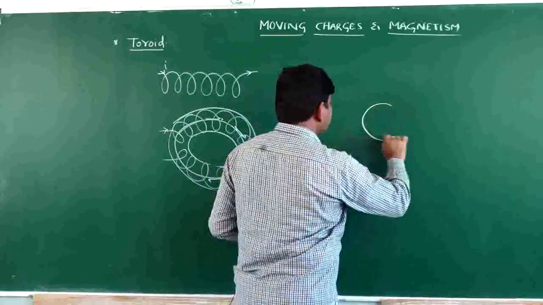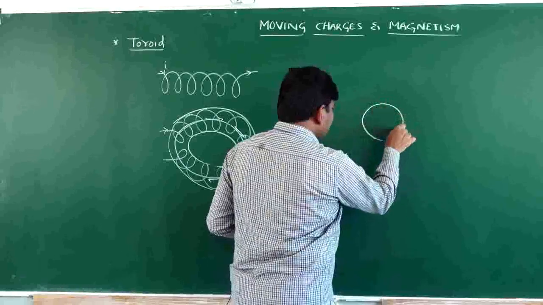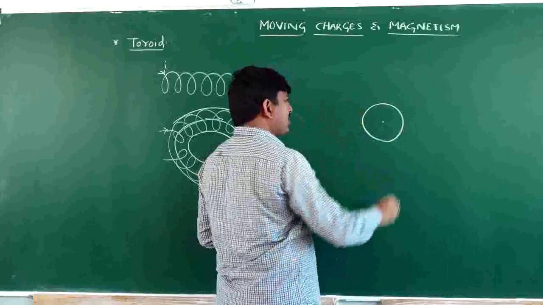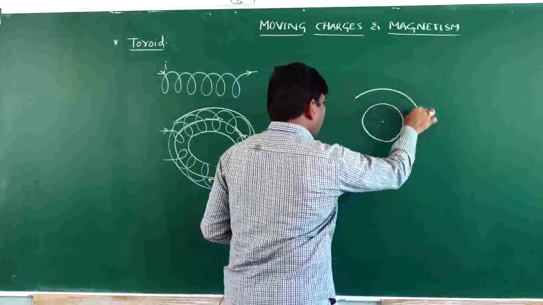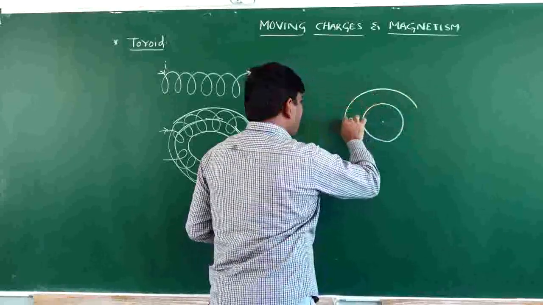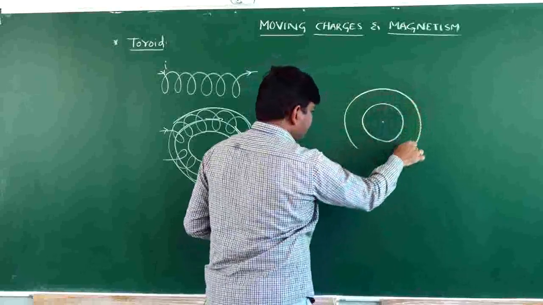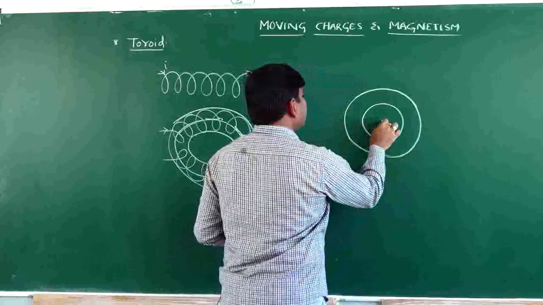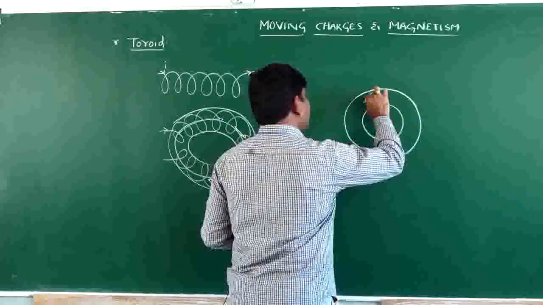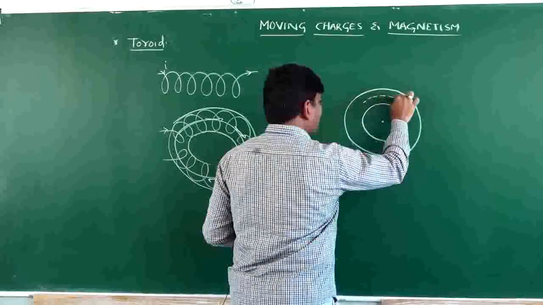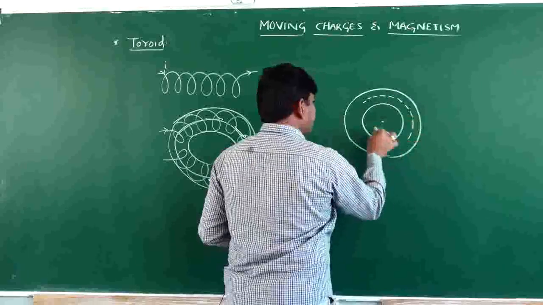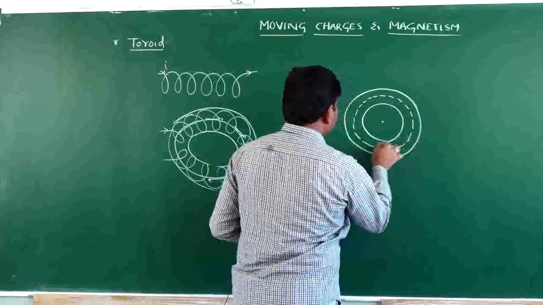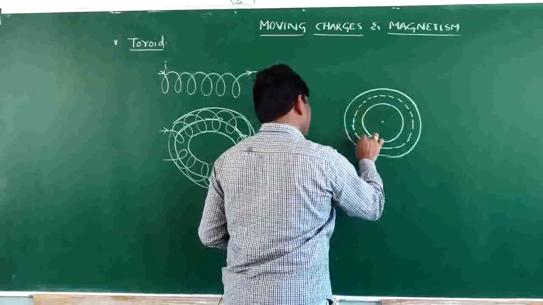Let me choose this circle, formed by the inside part of the toroid, and this circle, formed by the outside part of the toroid. These two are concentric, and here this represents the axis of the toroid, with three concentric circles here.